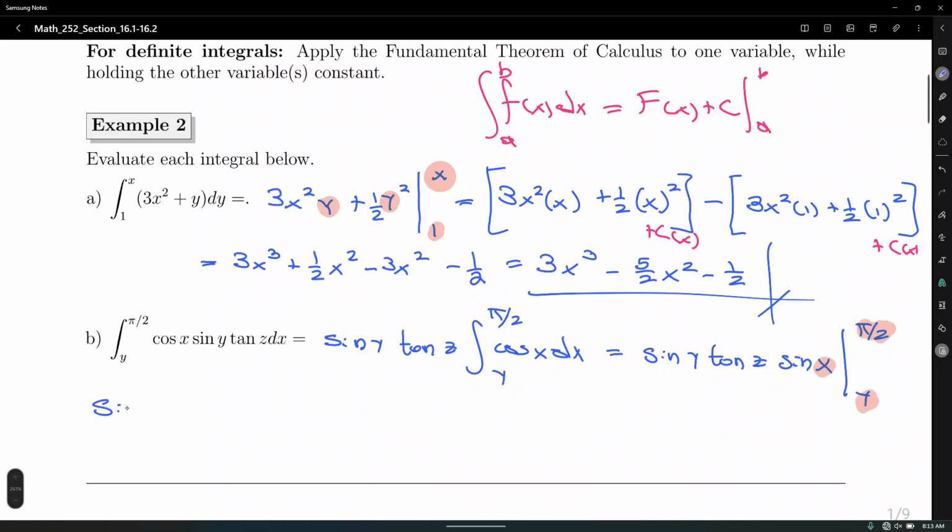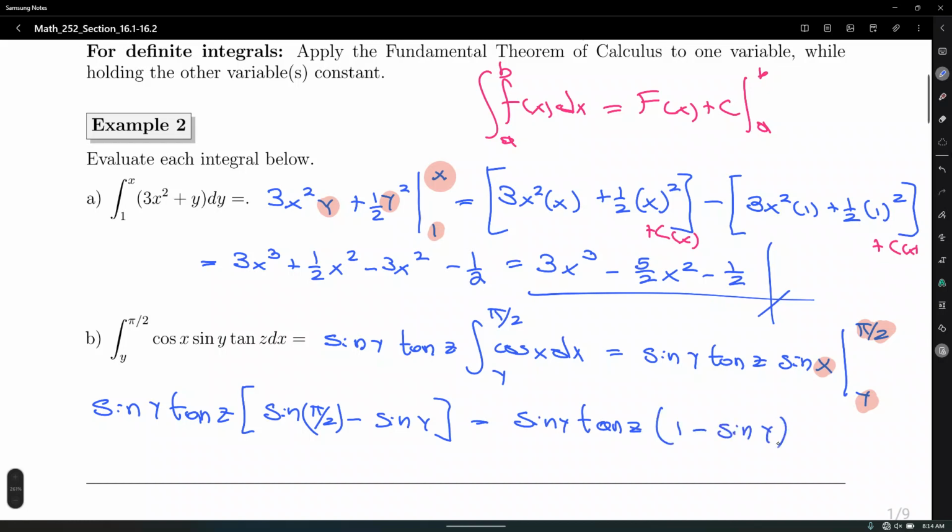So that is sine y tangent z, and simply do sine pi over 2 minus sine y. And well, sine of pi over 2 is 1. Okay, sine pi over 2 equals 1. That is sine y tangent z times 1 minus sine y. Right?